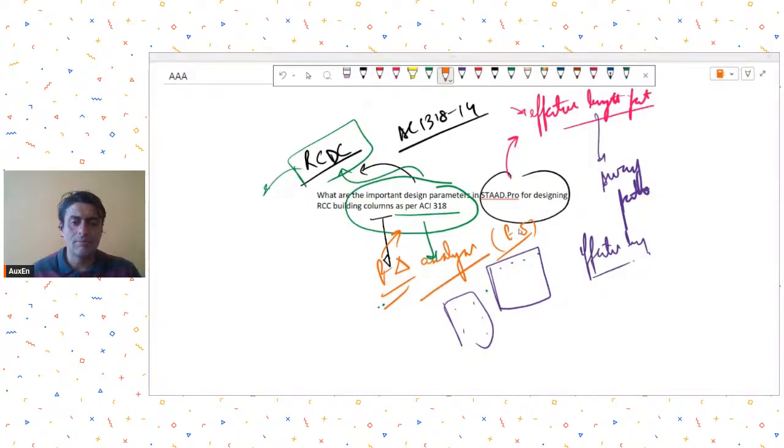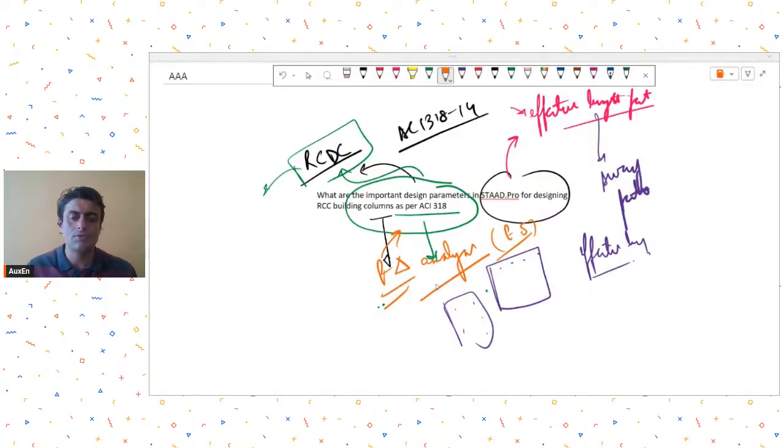This is done properly in StatPro. Once the analysis is complete, then take it to RCDC for further checks. All right, so this was Mr. Rajendra with his query.